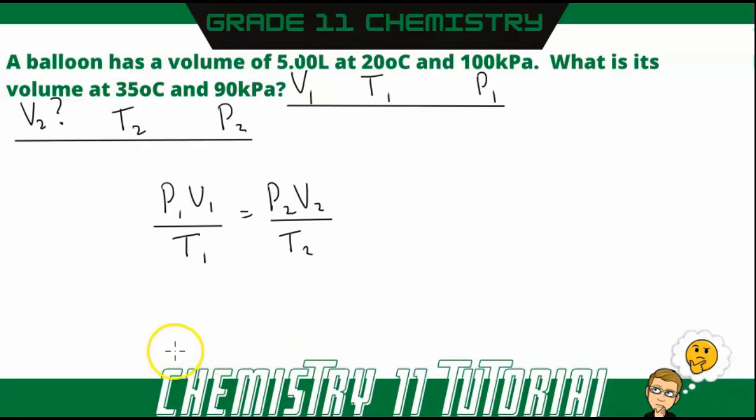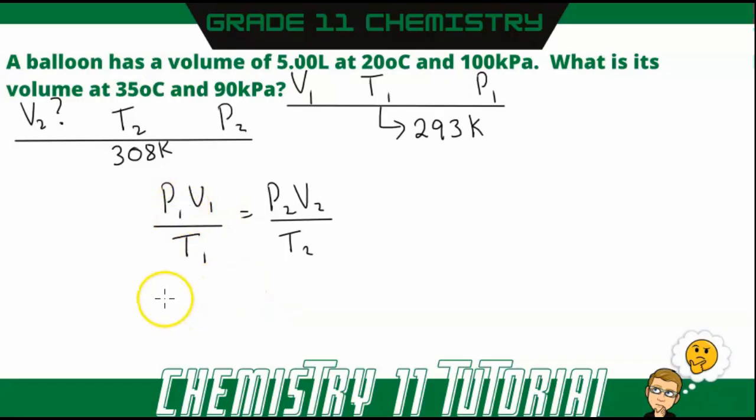And this works because the amount of gas is staying constant, so the number of moles you have isn't changing. Now, we are going to have to first change our temperatures, as always, into Kelvin. So 20 degrees is add 273, you get 293 Kelvin. And 35 degrees, you get 308 Kelvin. All right, so we can sub everything in now.